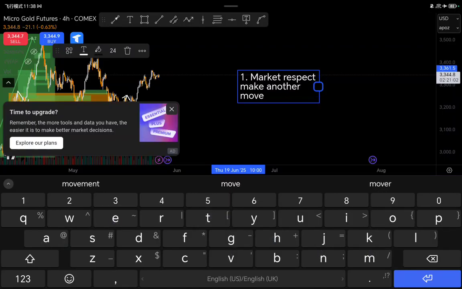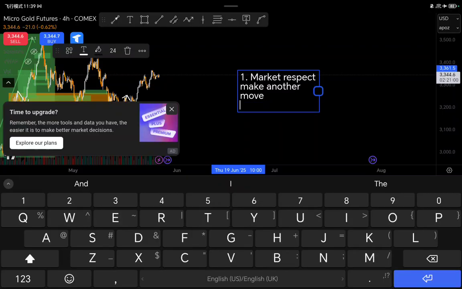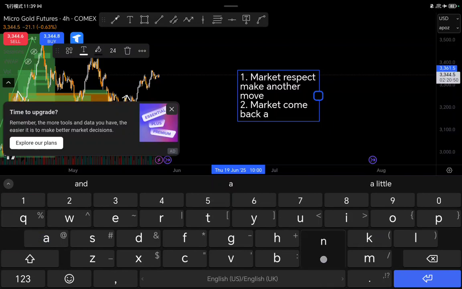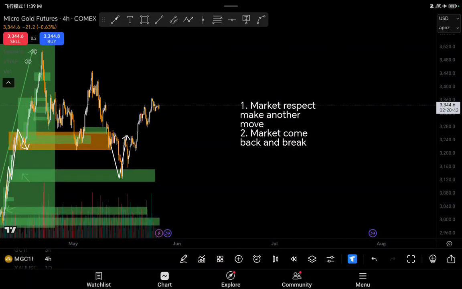Okay, this is the first thing. The second thing is market comes back and breaks the zone, breaks the structure. Okay, I want you guys to take note of these two things.